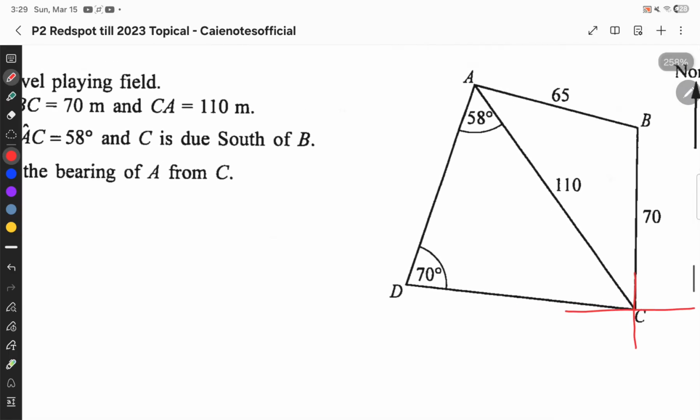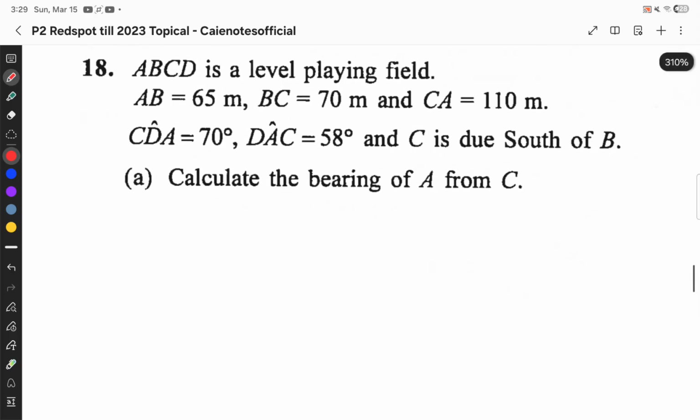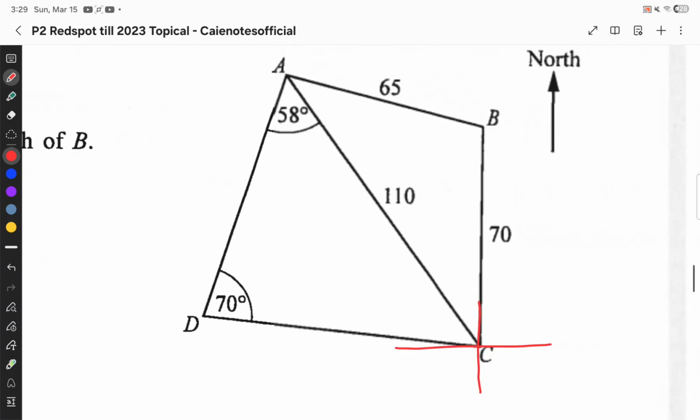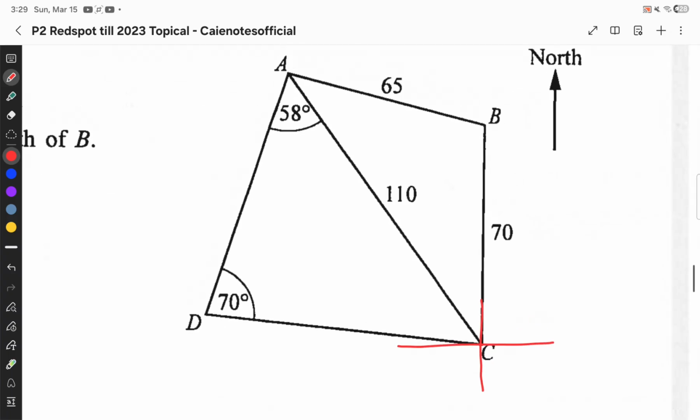For example, calculate the bearing of C to A. You might be confused. What does that mean? That means you stand at C and calculate the bearing towards A.